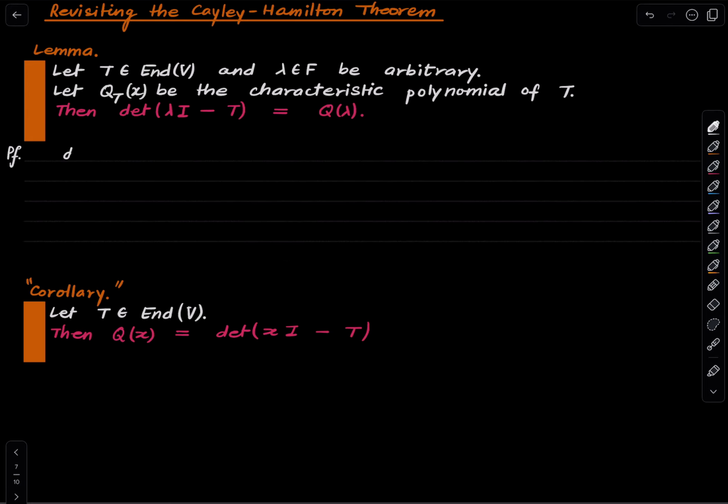We know that the determinant of T lambda, where T lambda is the translated endomorphism, by the previous lecture is: you take the characteristic polynomial and evaluate it at 0, multiplied by the sign. So that is what we proved in the previous lecture.